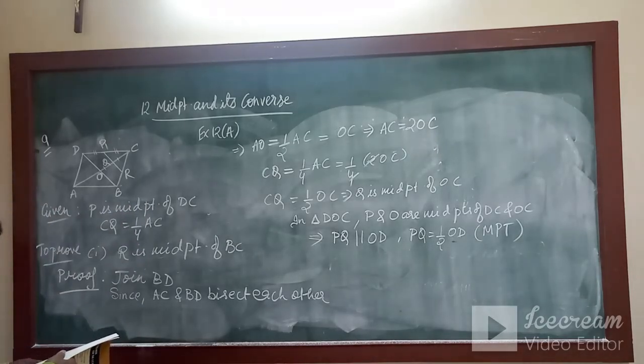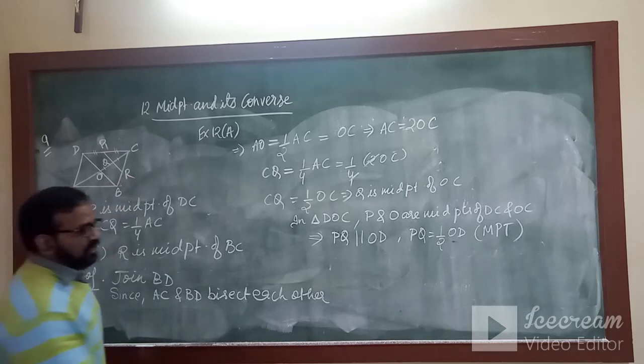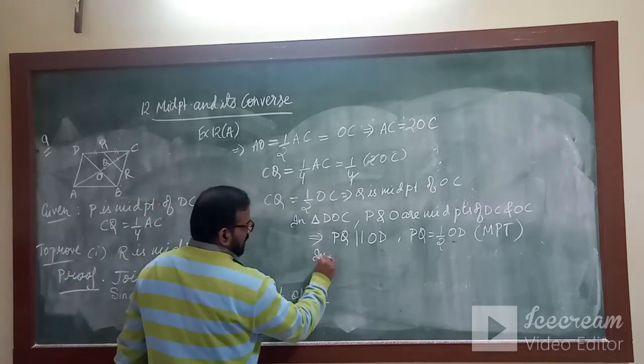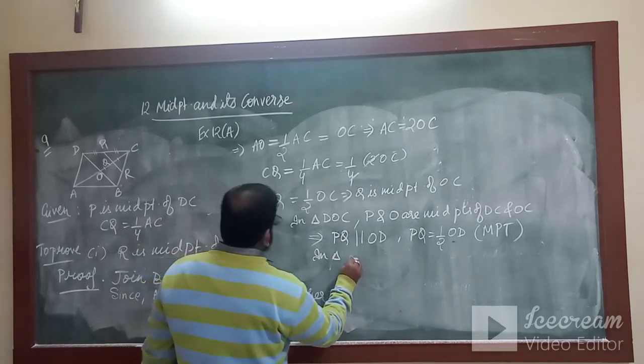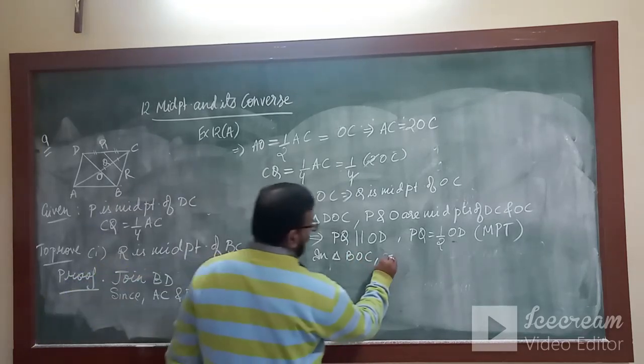Now we have to prove that R is the midpoint of BC. So again we will use the converse, and how we will use the converse? Since it is given that PQR is a straight line, so now I will take triangle BOC. In triangle BOC, what we know?